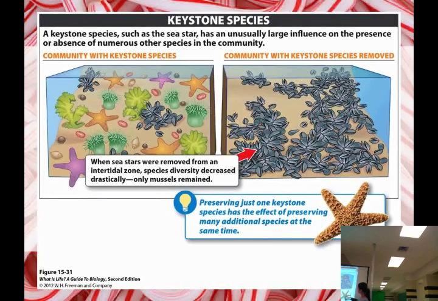When the sea stars are there, they're going to take out a lot of the mussels and give everything else an opportunity to grow. But if you take sea stars out of the community, then the thing that grows the best is going to come up and overgrow the entire area. So species are oftentimes dependent upon other species in order to keep the ecosystem in check.